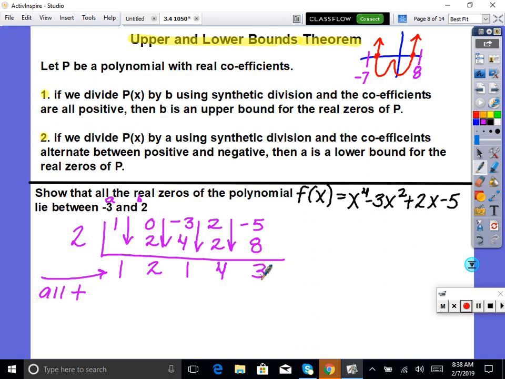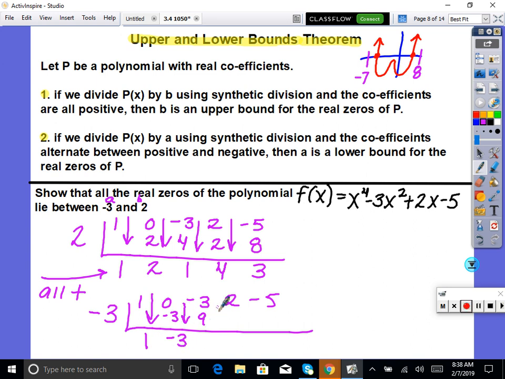So let's test, is negative 3 a lower bound? So we'll do negative 3. Coefficients 1, 0, negative 3, 2, negative 5. So add straight down, multiply up. Add straight down, multiply up. Add straight down, multiply up. Have I messed up anywhere?